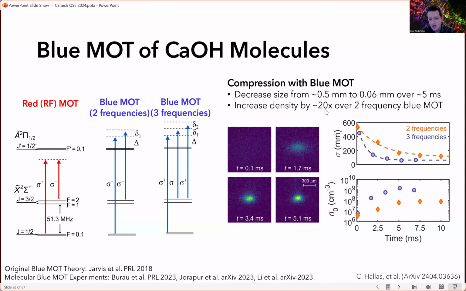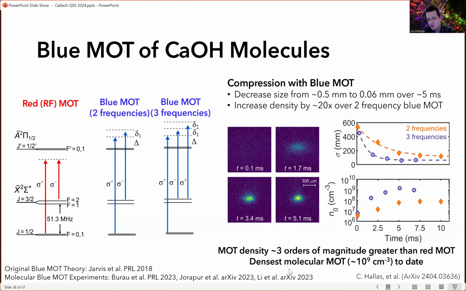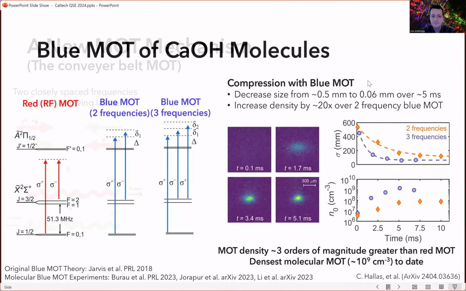This is about 20 times more dense than this initial 3-frequency blue MOT, and about 3 orders of magnitude denser than the initial red detuned magneto-optical trap. And it turns out this is the densest magneto-optical trap to date, even though this is a quite complex polyatomic molecule.